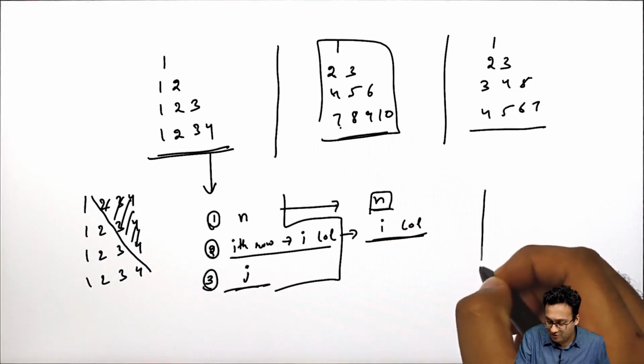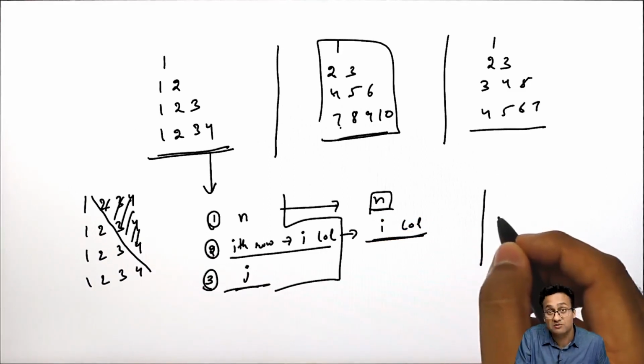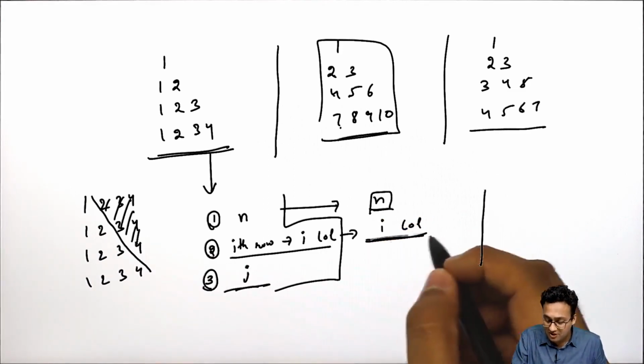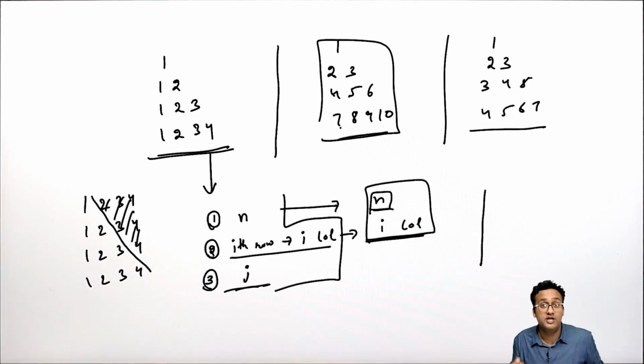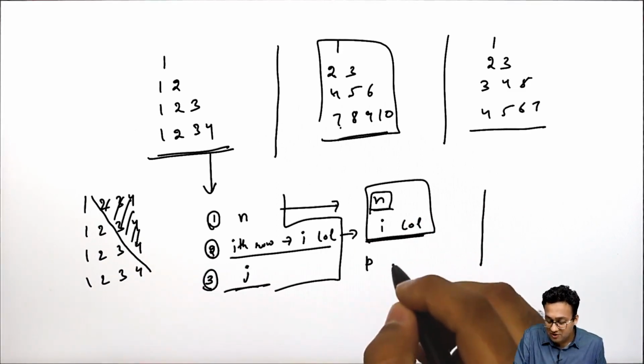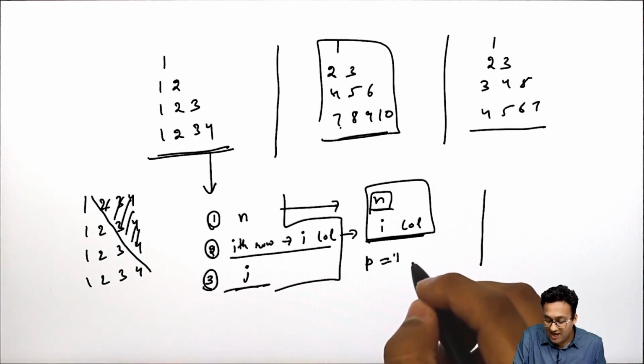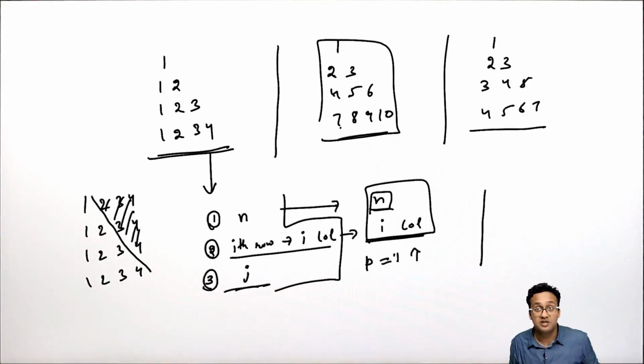We know we will have n rows, and each row will have I columns. So the structure will be defined using these two values, but what we need to print will basically be a P value which will start from 1, and after every print we will keep bumping it one more, so that the next time what it prints is one more than what it printed previous time, right?